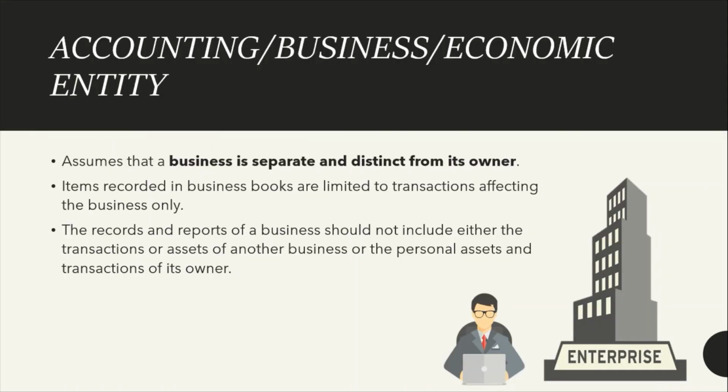Okay. Next is accounting or business or economic entity. It has so many names. Assume that a business is separate and distinct from its owner. Owner meaning shareholders or partners, anyone that contributes to the capital.